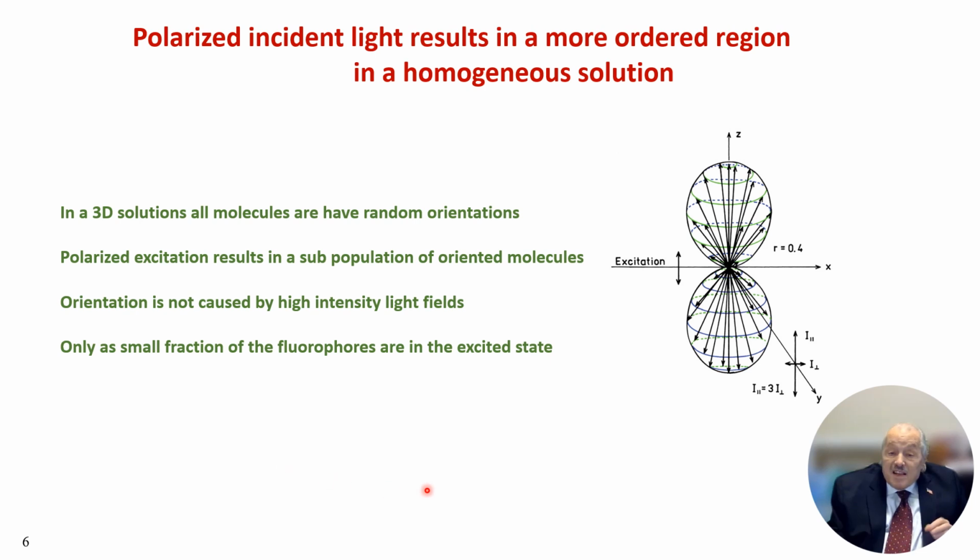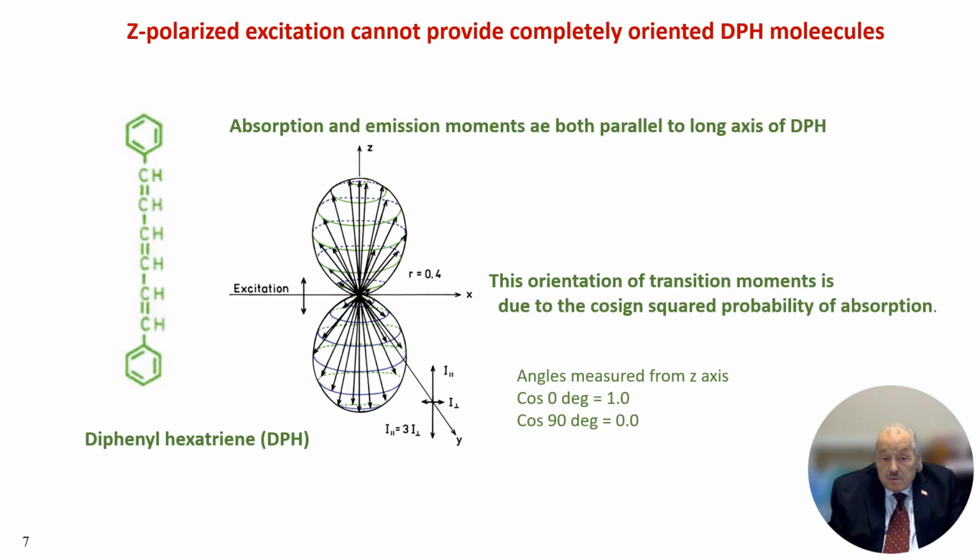It's because of the cosine squared probability of absorption. Fluorophores are oriented in every possible direction, and this is what you wind up with when you have that cosine squared weighting of the absorption.